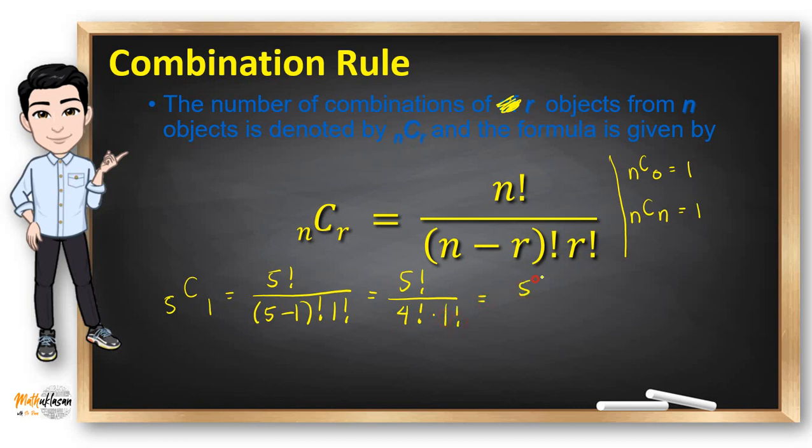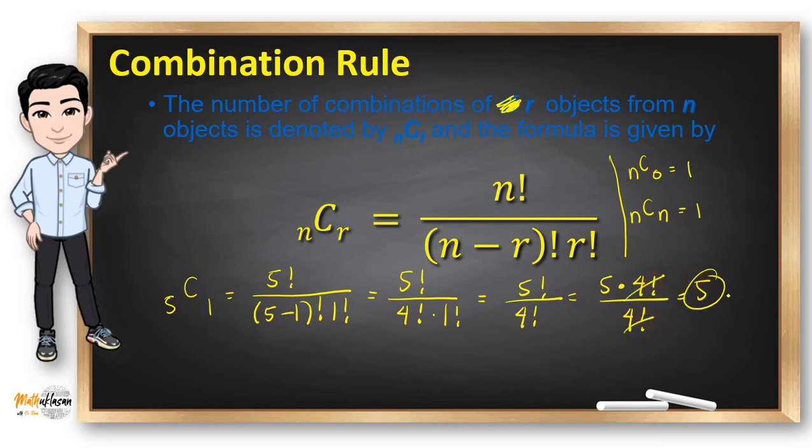So this is 5 factorial divided by 4 factorial, because 1 factorial is just 1. We can rewrite this as 5 times 4 factorial divided by 4 factorial, and the answer is 5.